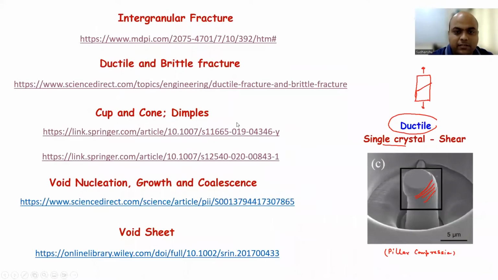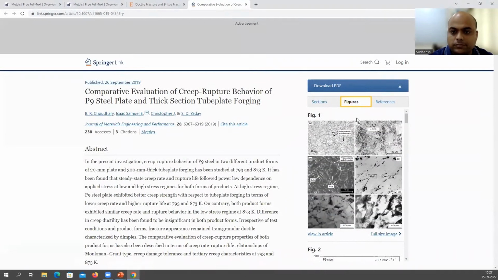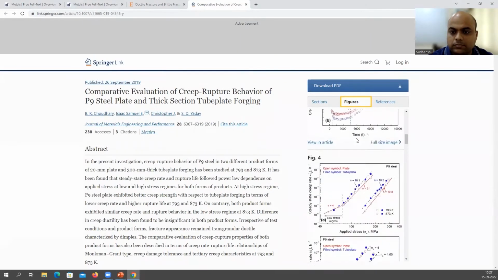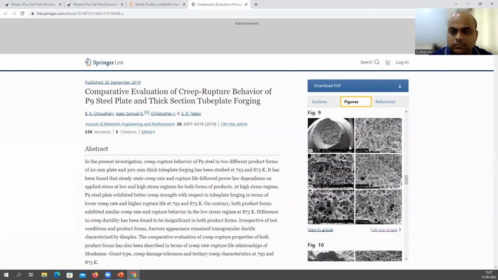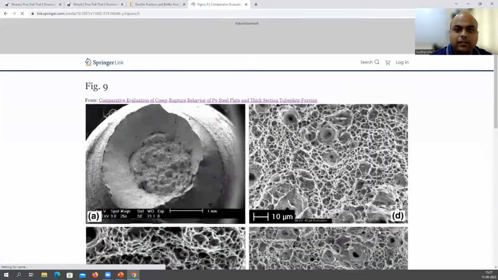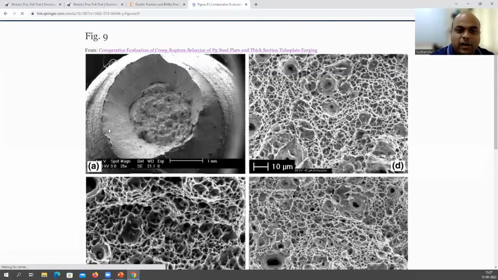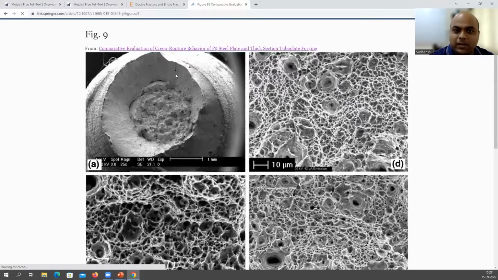Now the next is cup and cone and dimples. This is how a cup is going to look. You can see here the fibrous zone at the center, which is a flat, rough region, and then you see here the slanted one, the shear lip. This is typically cup and cone fracture.